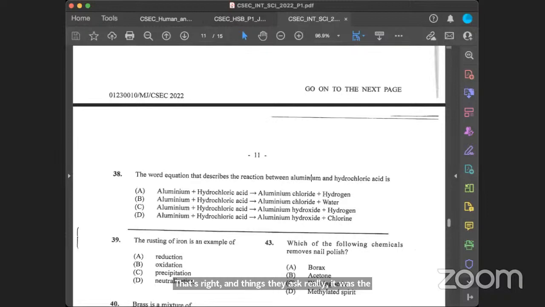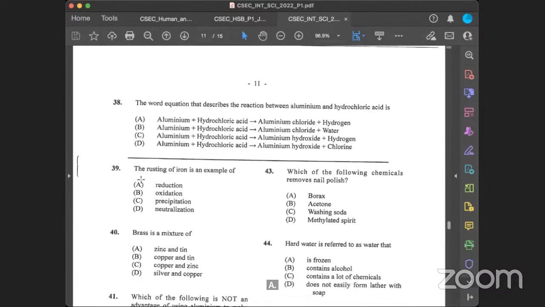If you know that, you can automatically guess what your answer is going to be. Aluminum chloride and hydrogen. Very good. A.